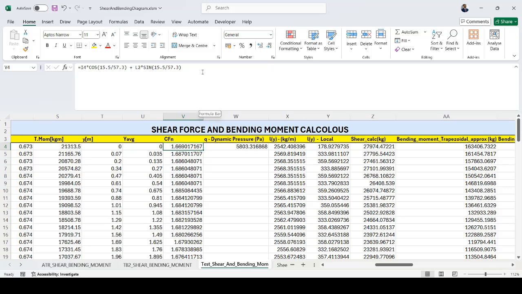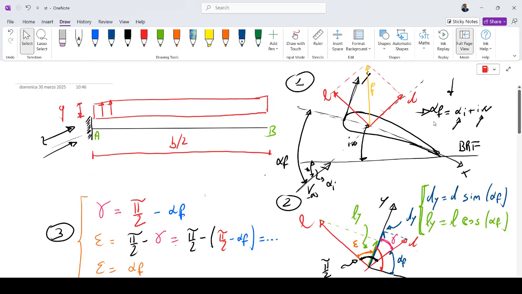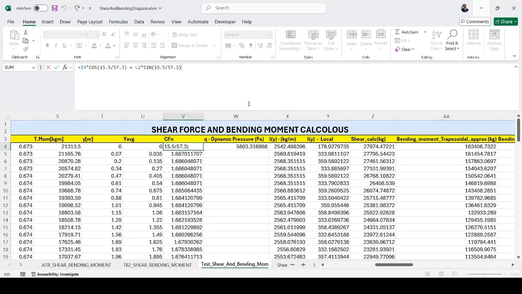Here I have all the no incidence. E wing is equal to 0, so I have only the alpha, because if you keep in mind this formula, alpha final is equal to alpha initial plus incidence. If the incidence of the wing is equal to 0, alpha final is equal to alpha initial. Alpha initial in this case is 15.5 degrees.